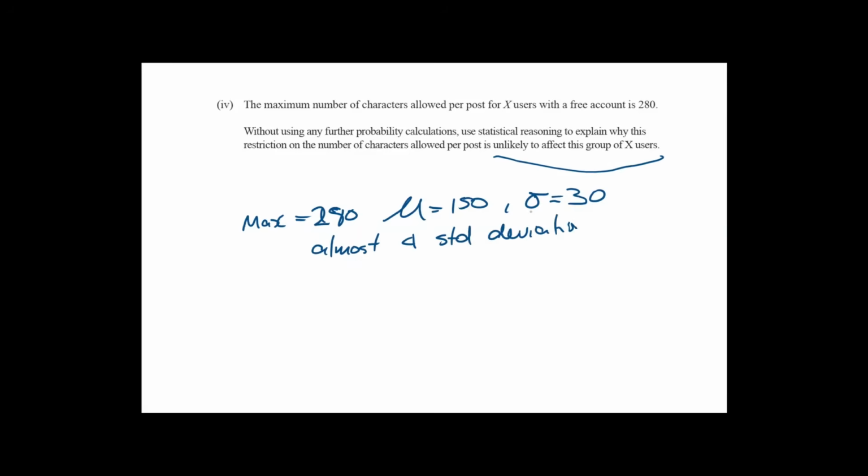Well, if the maximum is 280 and the average is 150 and the standard deviation we're told is 30, then that's almost 4 standard deviations above the mean. Okay, so if we went to our formula sheet, which I'll just grab.